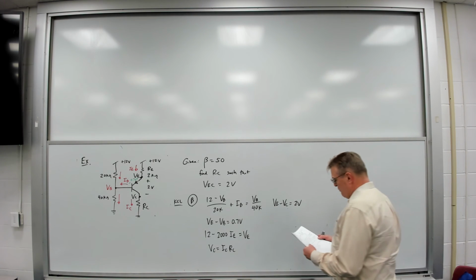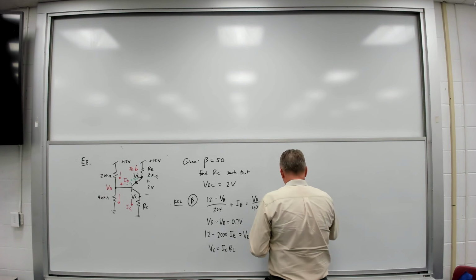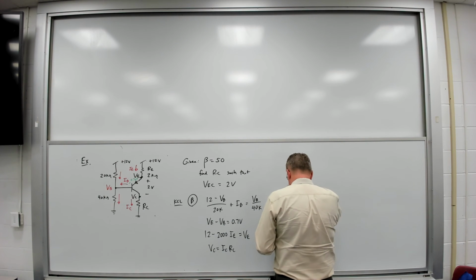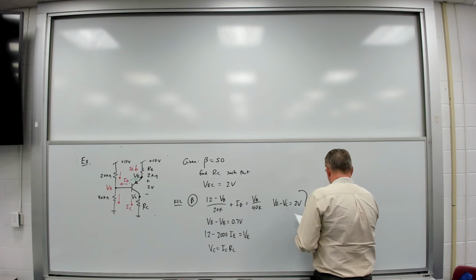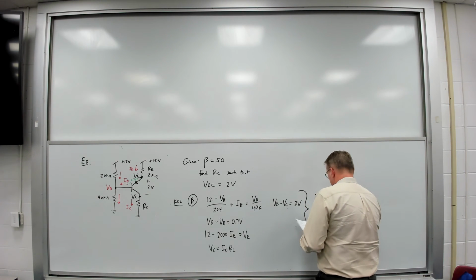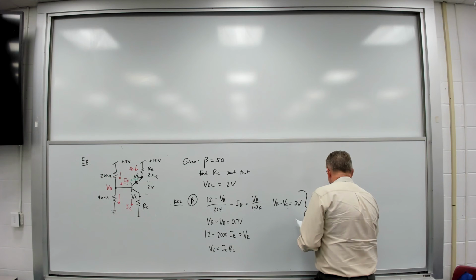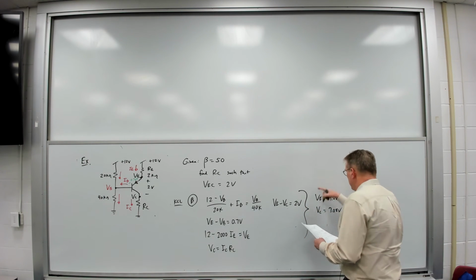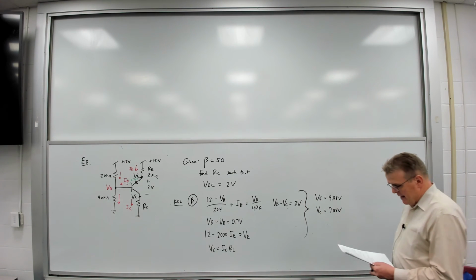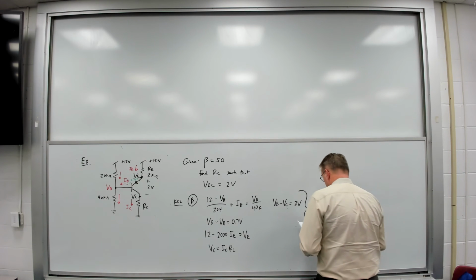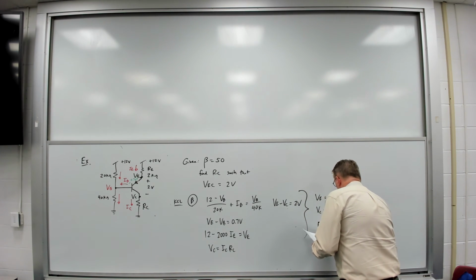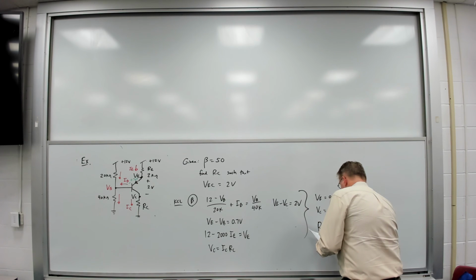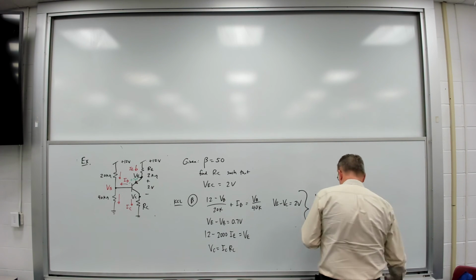So if you now go through and solve these, what you're going to get in this case is that VE is equal to 9.08 volts. VC is 7.08 volts, so VEC is equal to 2 volts. And in order to make this work, RC will be equal to 4.95 kiloohms.